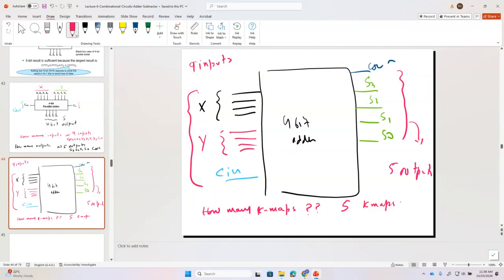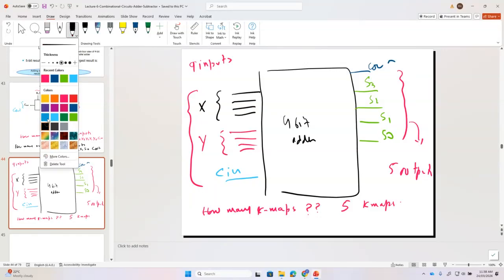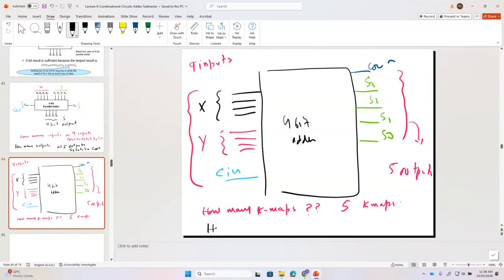Now how many inputs do we have? We have 9. If we have 9 inputs, we need to draw the truth table. How many combinations do we have for the inputs? 2 to the power 9, which is 512.